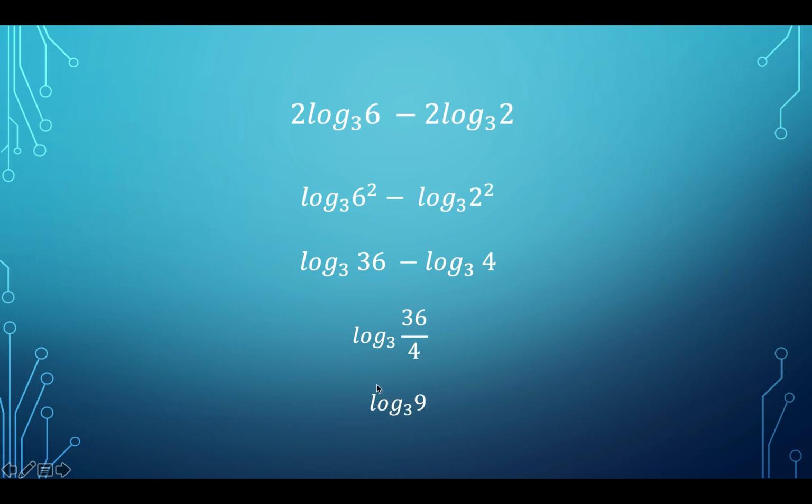We can simplify that. 36 divided by 4 gives me 9. So log base 3 of 9. You can leave it at this answer, or using the change of base formula, we would find out that log base 3 of 9 simplifies down to 2.